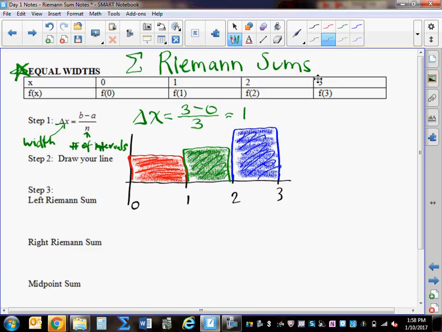Alright, so first to calculate our left Riemann sum. Key thing, left. So it means we're going to start from the left. So I need to find the area of each of my rectangles. And again, we're starting with that left side. So looking at my picture over here, what I would have is this little interval, and that's at 0, 1, 2, 3.